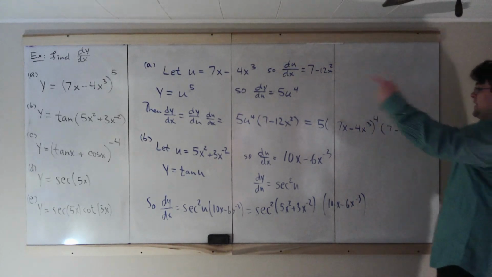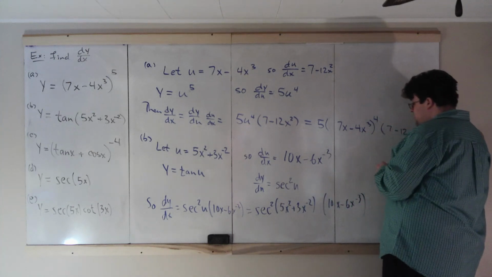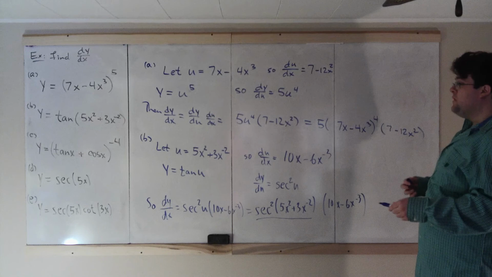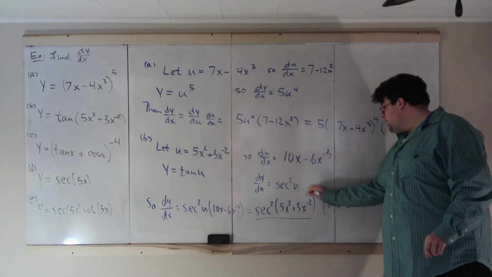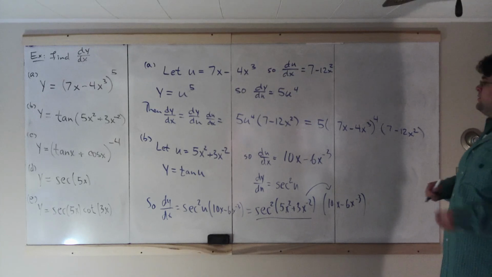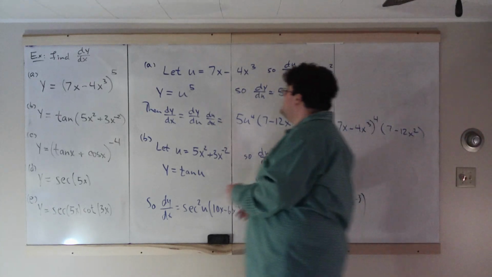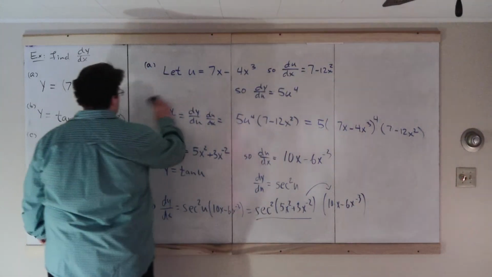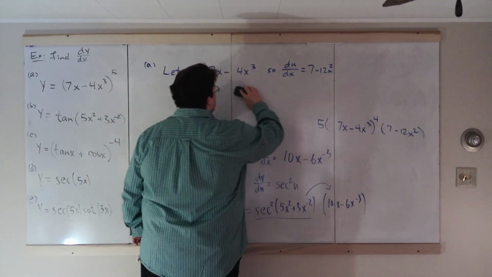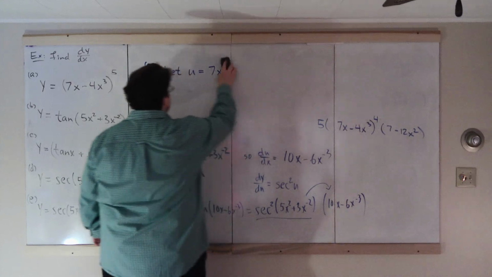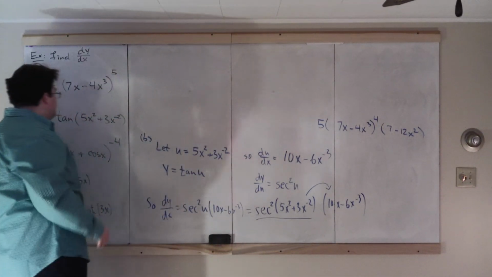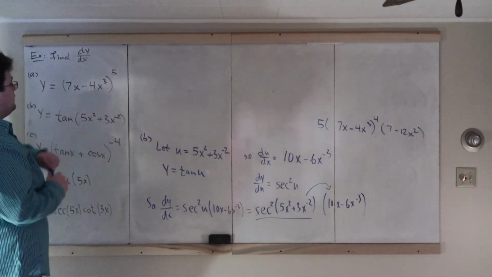So we had a tangent function, and its derivative was a secant squared function. But then we multiplied by the derivative of that inside function. And in this first one, we had a function to the fifth.